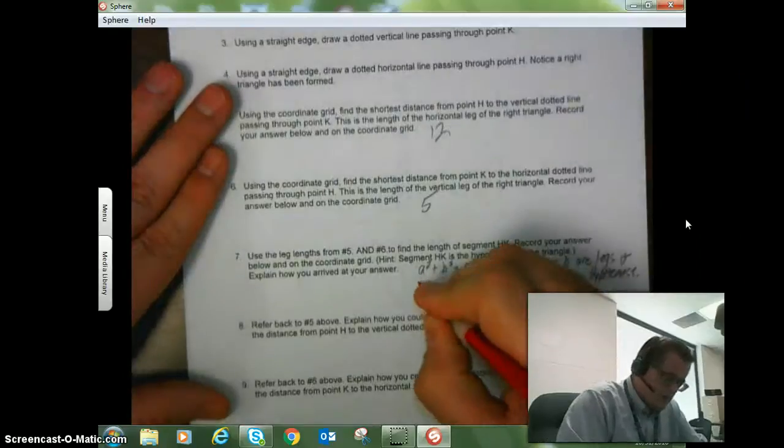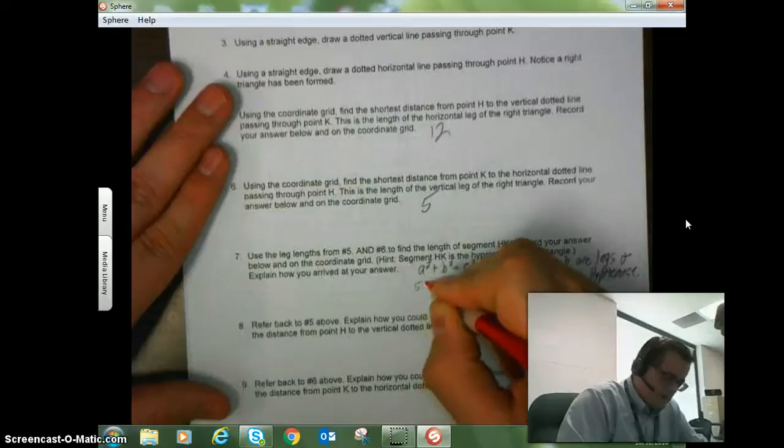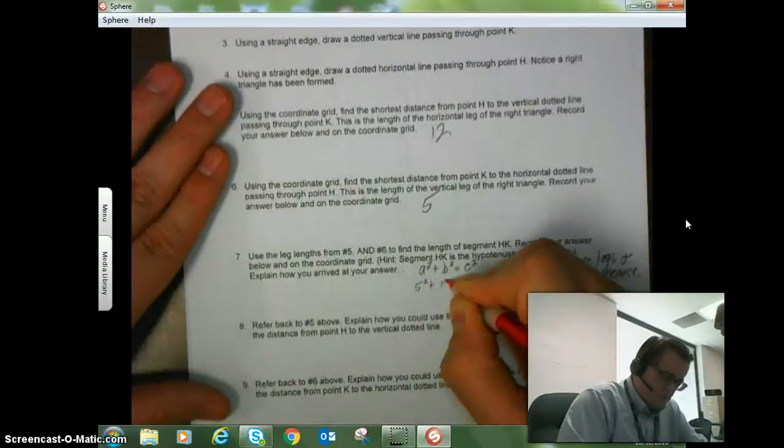So we see one that is 5 spaces long, one that's 12 spaces long.